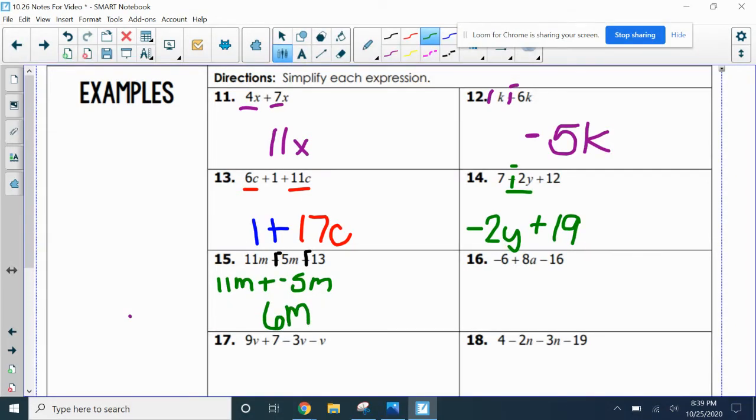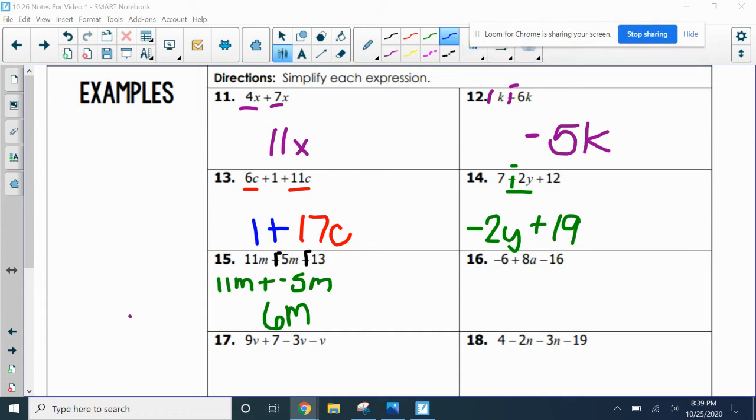Don't lose your m, it's going to stay positive. And then you have negative 13 and no other constants. So you can put minus 13, but I'm going to put plus a negative 13 just so that I know that sign is attached to the 13.